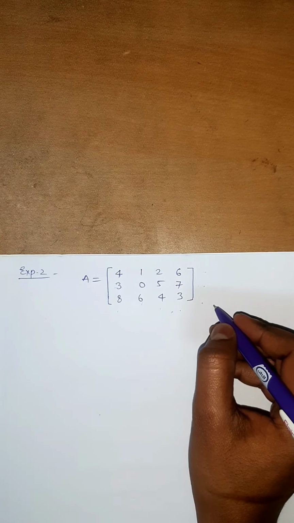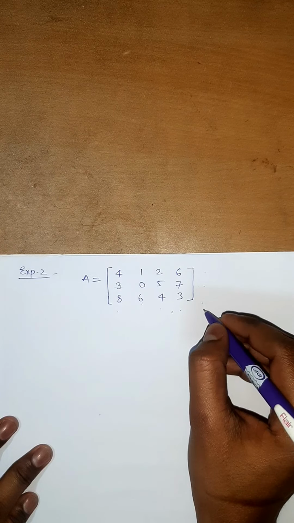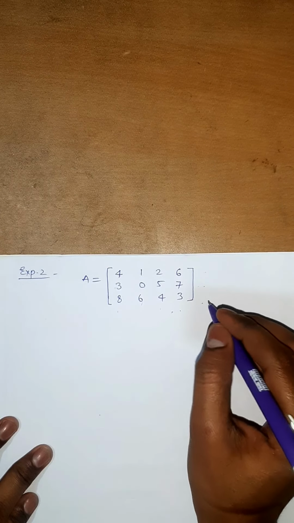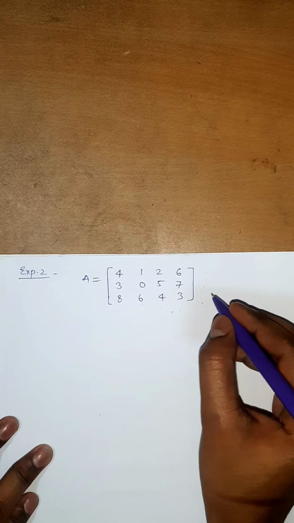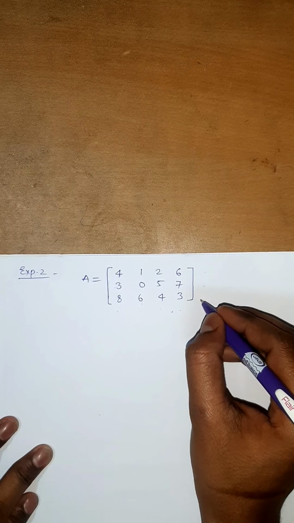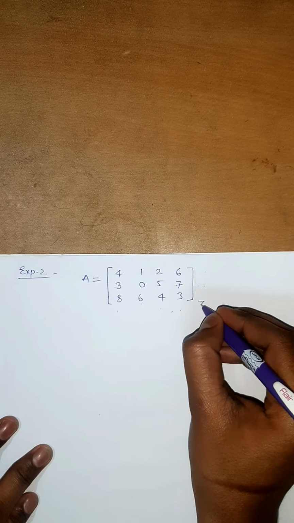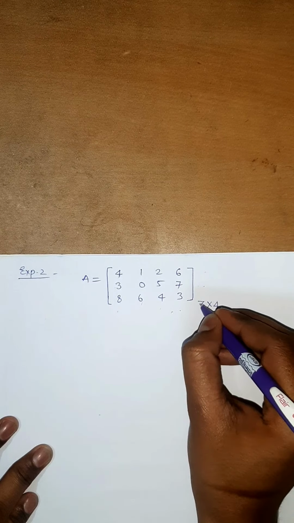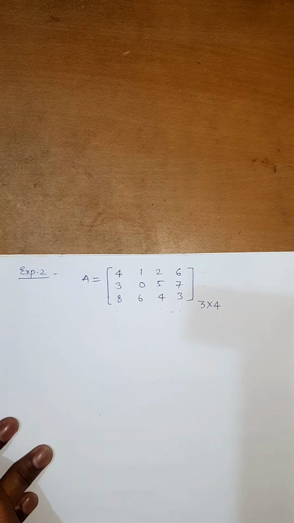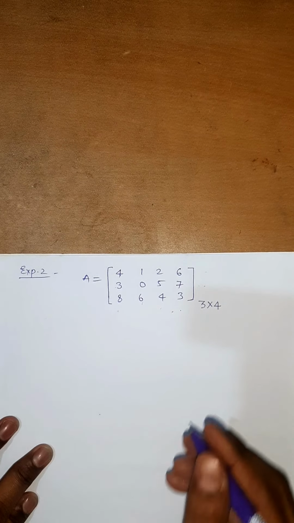So to define the order of a matrix, we write it in the form m cross n. Here m is rows and n is columns. So there are 3 rows and 4 columns. So this matrix is of the order 3 by 4.